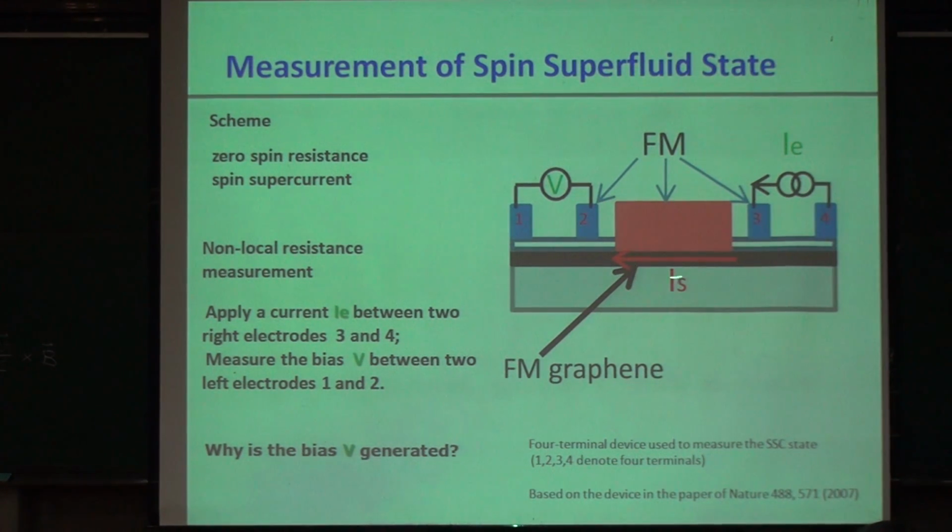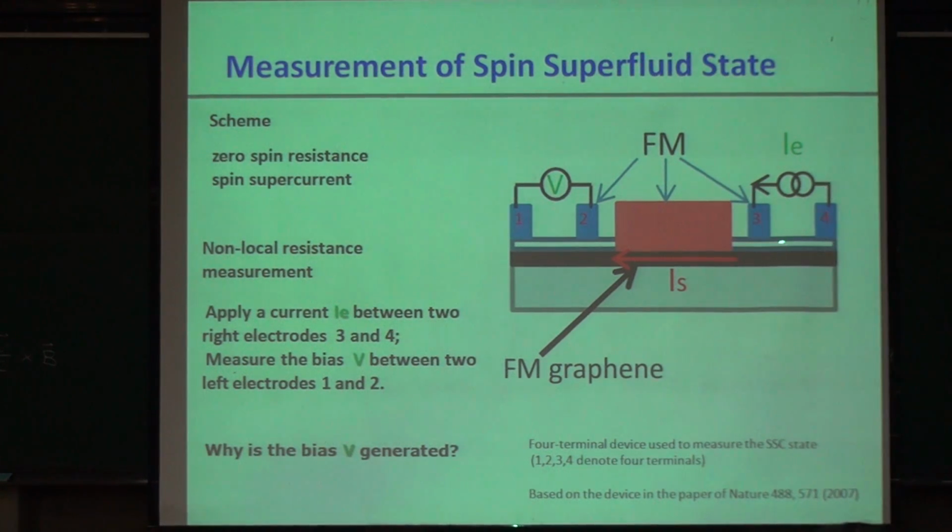Suppose you have a device in which spin can be transported, so you can call it a spin metal. Spin can pass through, and whether charge can pass through or not is not important. It's probably better if charge cannot pass through, so you have a charge insulator but a spin conductor, a spin metal.